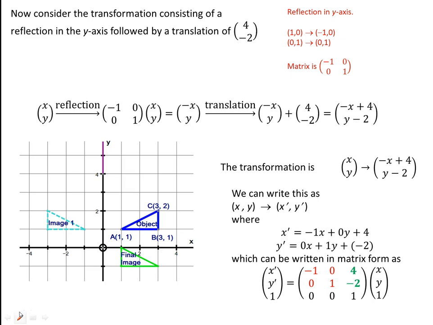And the 2 numbers on the right-hand side at the top of the 3 by 3 matrix, the 4 minus 2, are precisely the numbers involved with the translation that we have got.